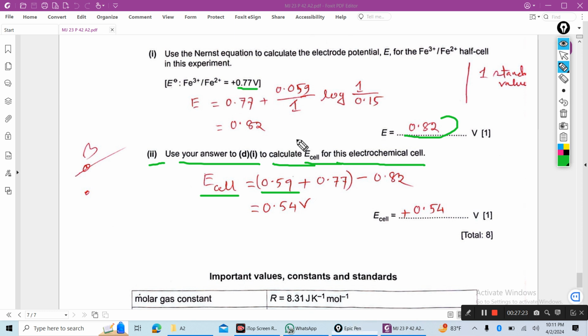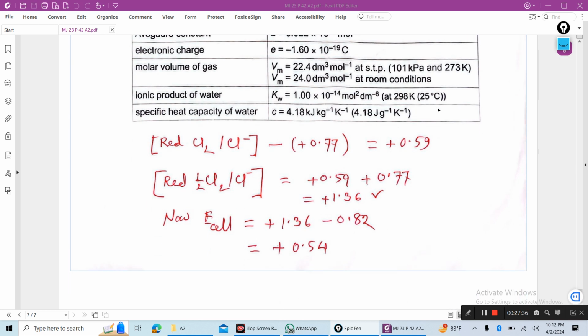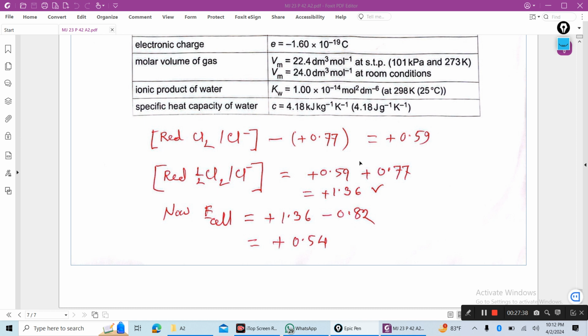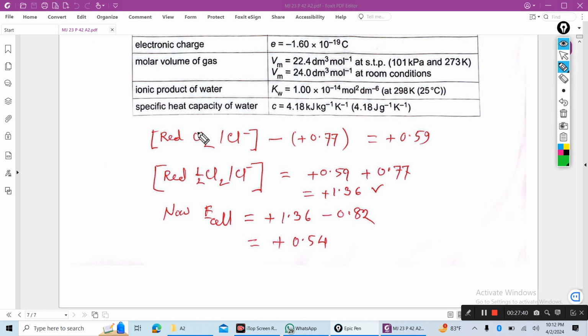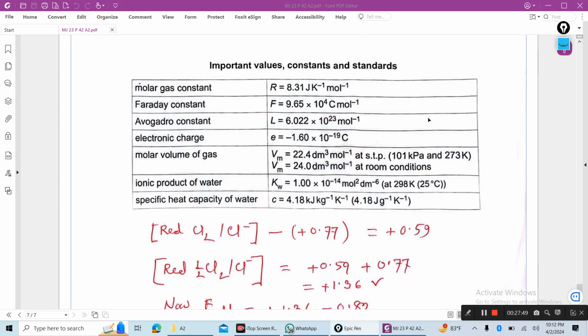So E cell is 0.59 plus 0.77 minus this, you get this value, plus 0.54 volt. Or you can write it, you can solve it: reduction minus oxidation equals the given plus 0.59. This is given in the previous question.